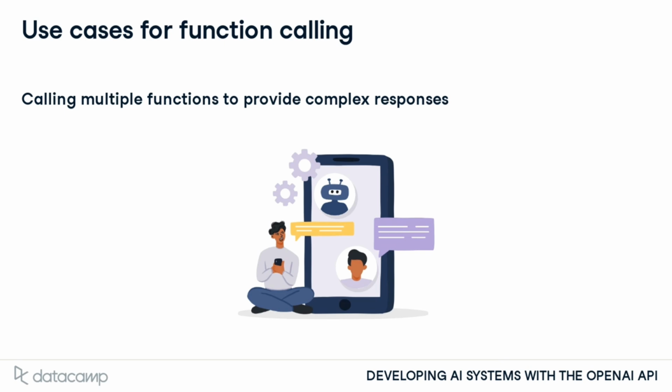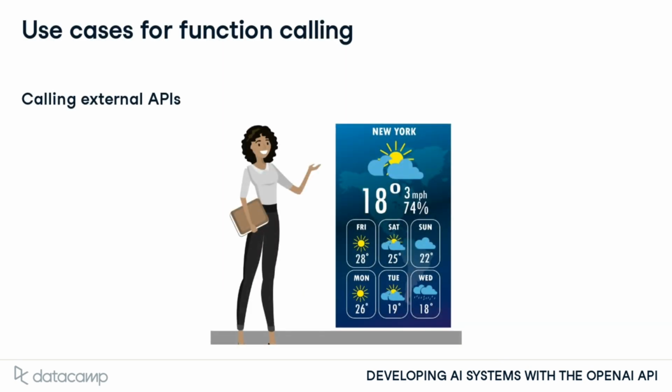For example, in an e-commerce customer service chatbot, the prompt given as input could trigger different functions, such as a function that retrieves the product catalog, one that reads from the website's FAQs, or another that provides a response. Finally, we can use function calling to define functions that enhance the responses by calling external APIs, such as for a weather chatbot calling an API to return current temperatures at specific locations.